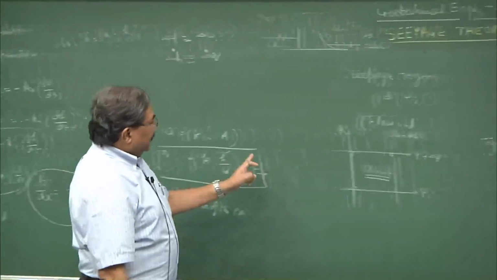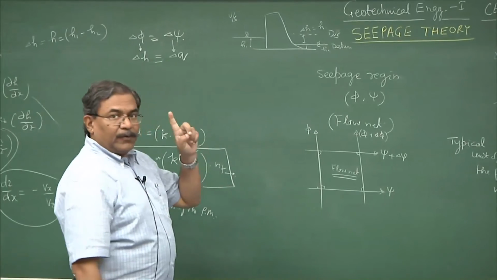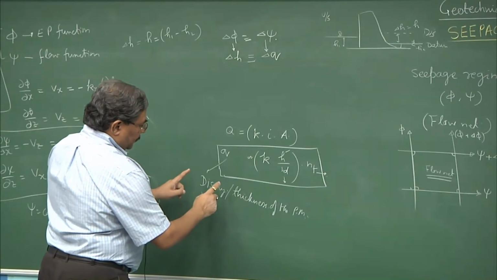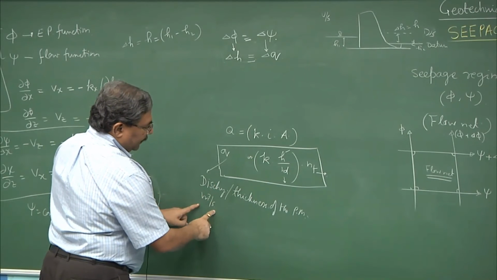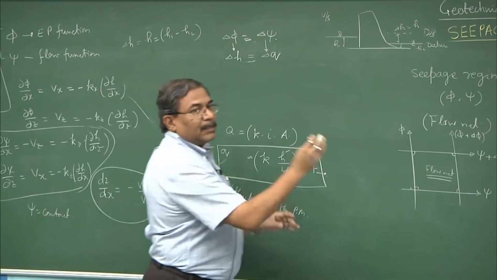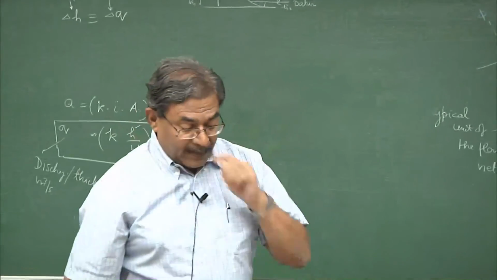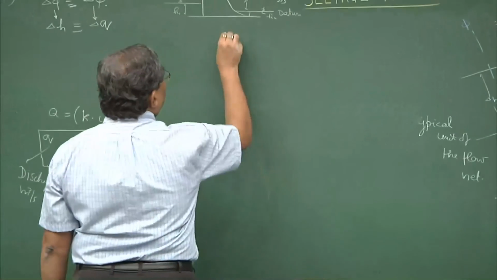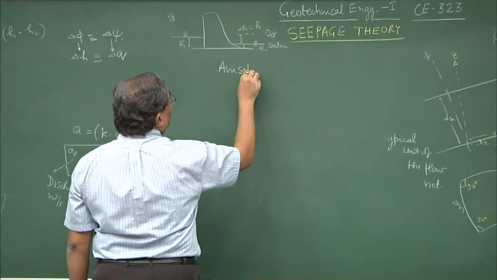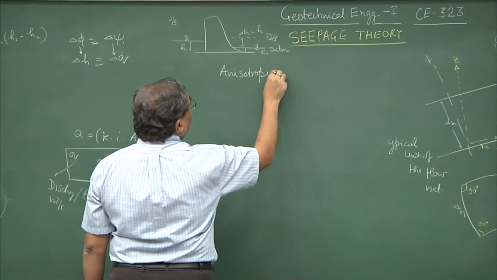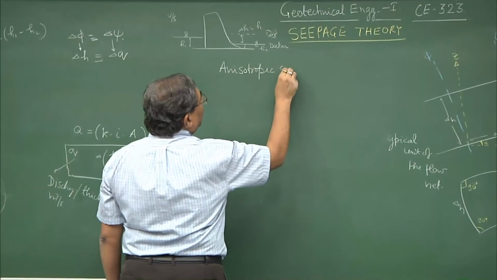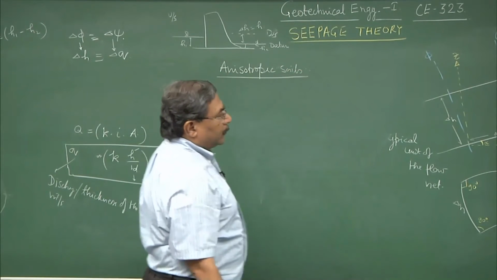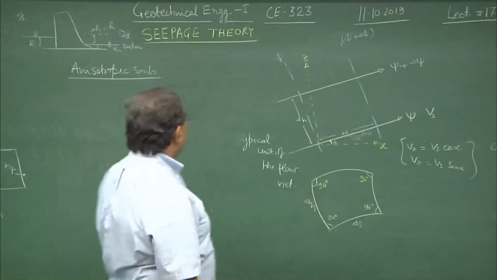Area of cross section we have taken here as 1 into 1. So, this is your discharge, in meter cube per second per unit length in the third dimension. Now, if you have anisotropic soils, this was for the isotropic situation, whatever we had done.